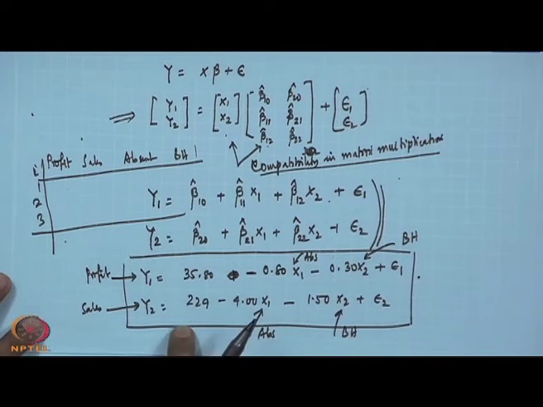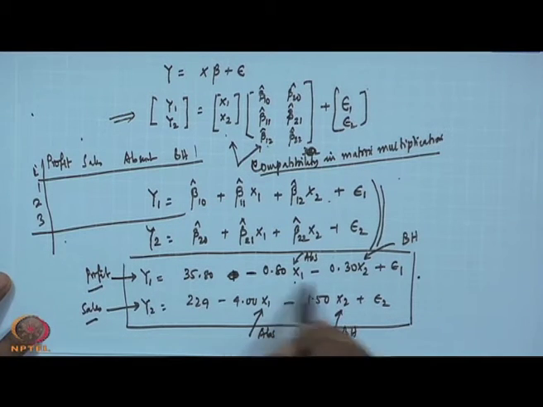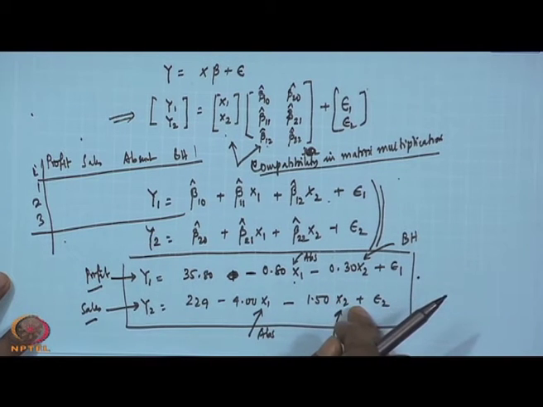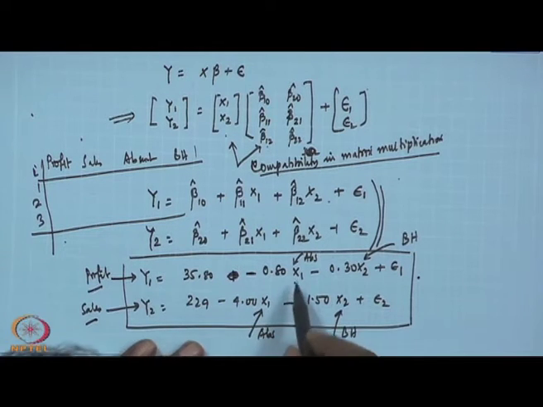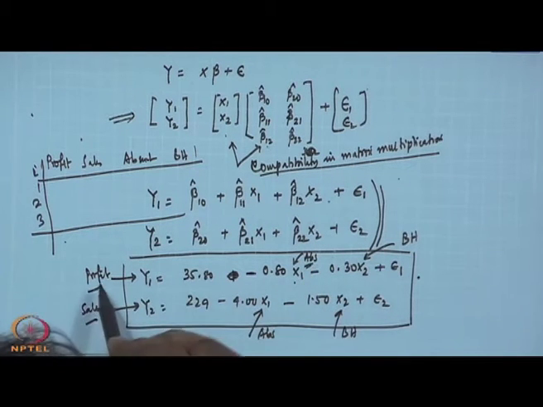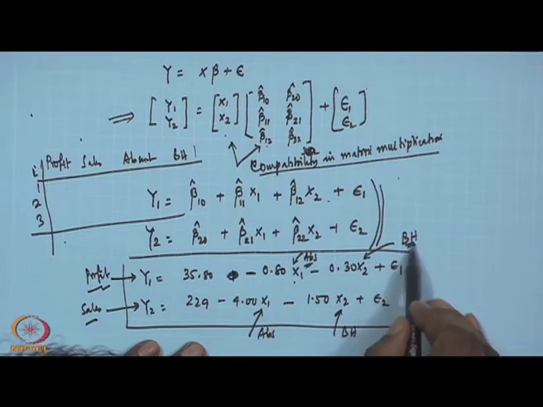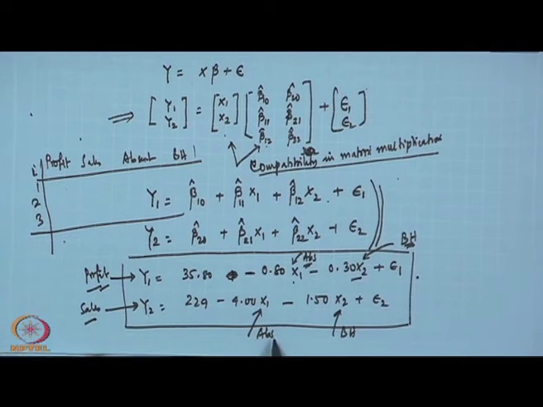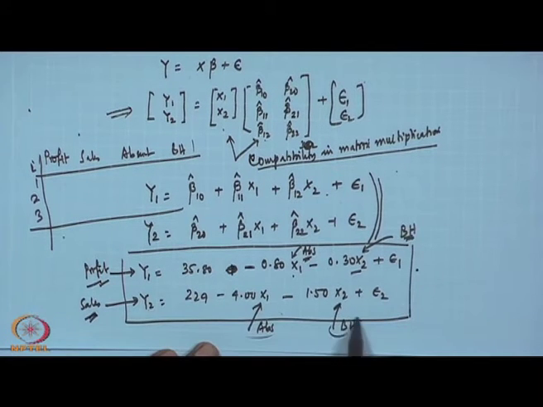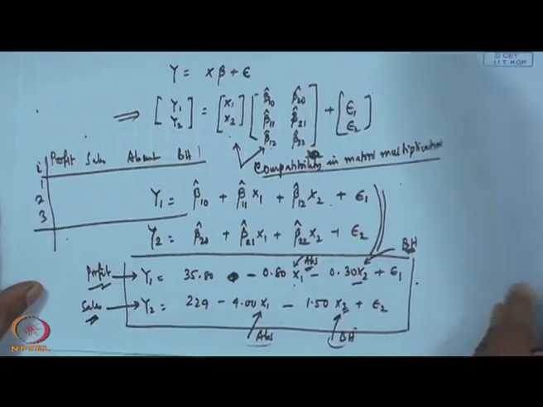So in multiple regression, although on the y side y1 and y2, profit and sales, are different variables, on the x side they will be the same variables for both equations. If absenteeism increases, profit will go down; if breakdown hours increase, profit will go down; if absenteeism increases, sales also will go down; if breakdown hours increase, this also goes down. So the relationship will be negative, and that is coming from this example also.